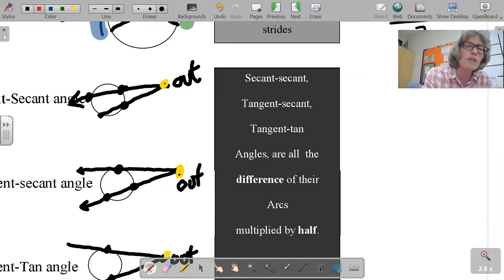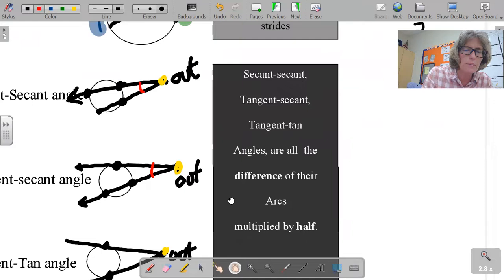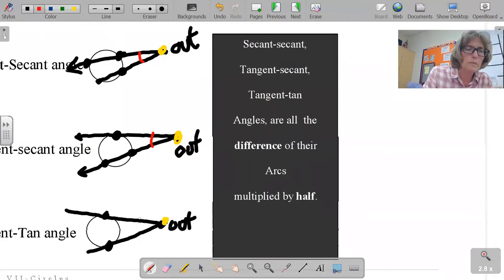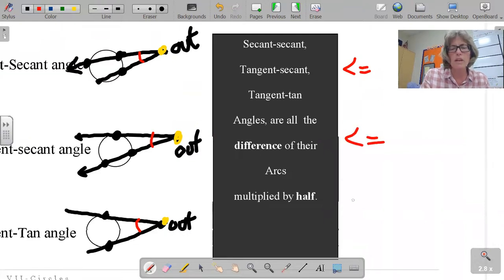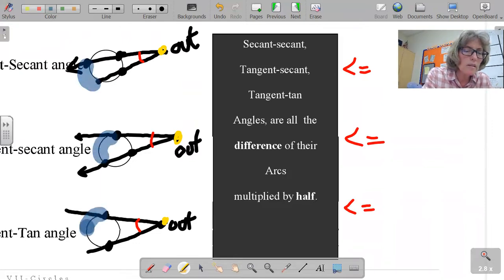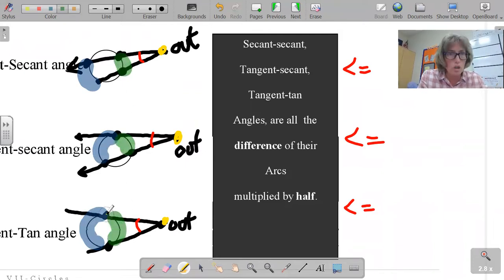So for all of these outside angles, it's going to be angle equals, angle equals, angle equals, and it's going to be this big arc minus the little arc over 2, or divide by 2.